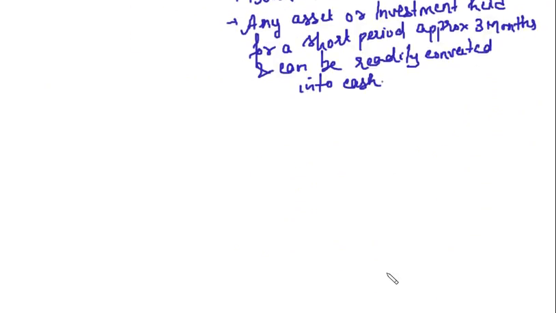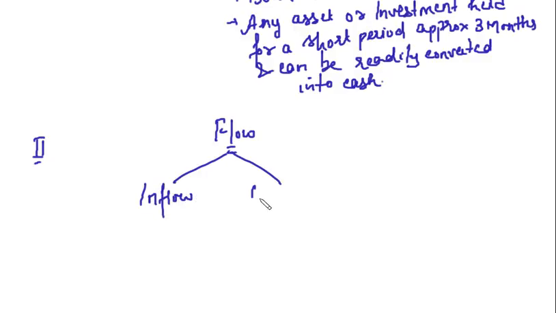What do you mean by flow? Second is flow. So there are two kinds of flows. One is inflow, one is outflow, right? Or I can say cash inflow and cash outflow.